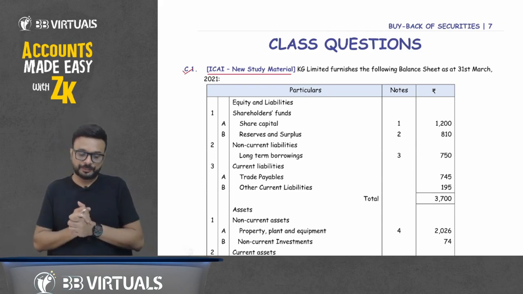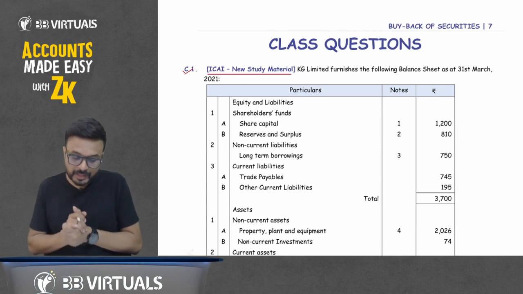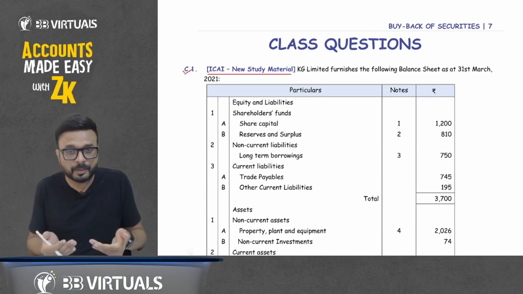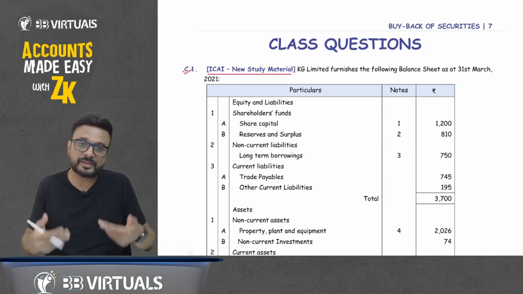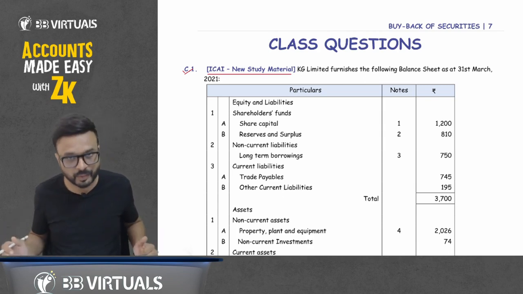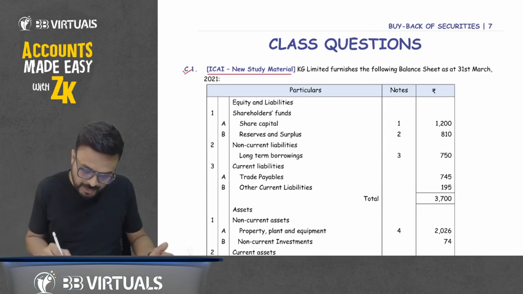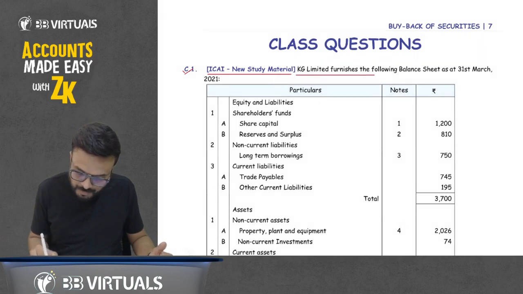Now first here, KG Limited. For reference purposes, if you want to refer to any book, I would suggest the ICAI study material. Now here, KG Limited furnishes the following balance sheet as on 31st March 2021.